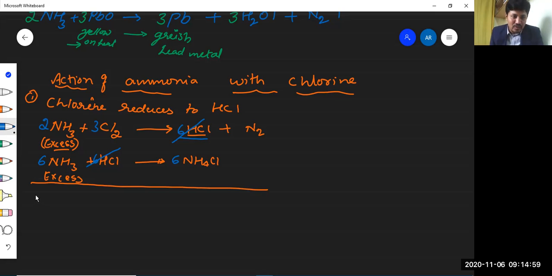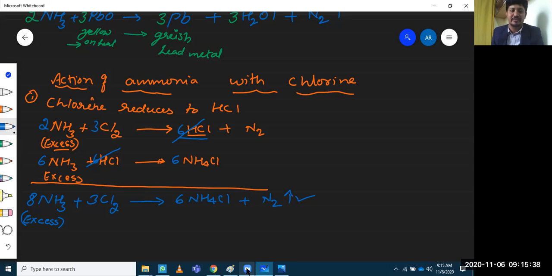In total, 8 molecules of ammonia react with 3 chlorine molecules, giving 6 molecules of NH4Cl and 1 molecule of nitrogen. This is the balanced equation when we use excess ammonia with chlorine: we get ammonium chloride with nitrogen gas.